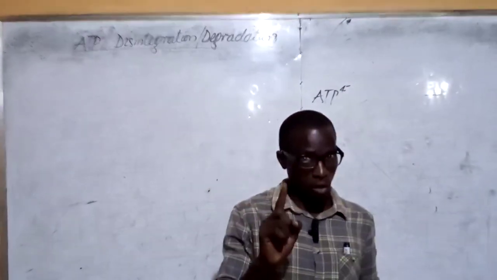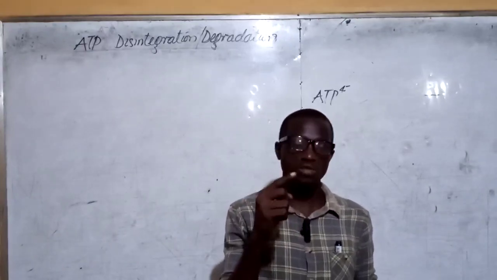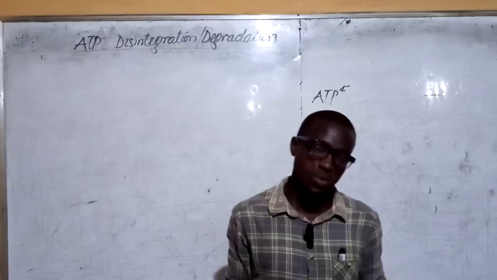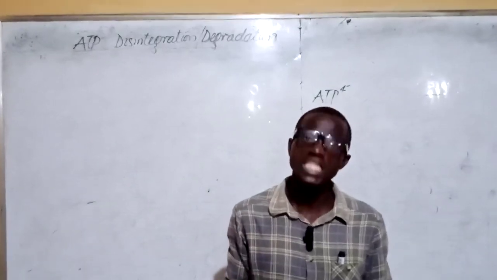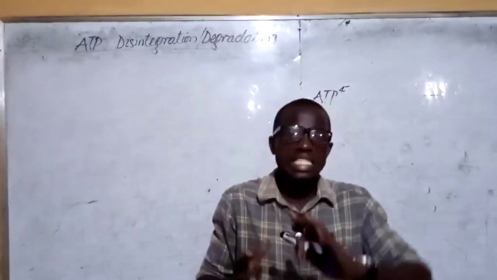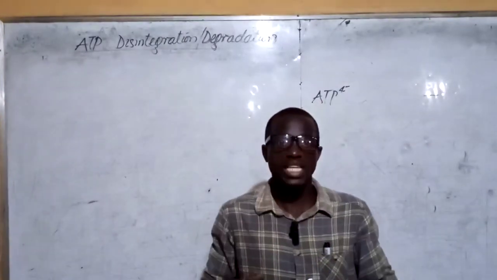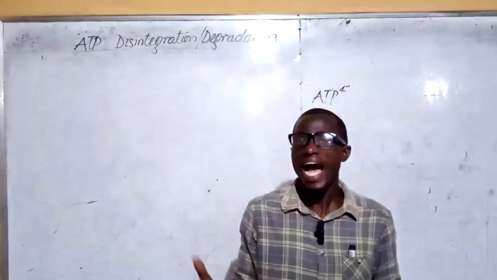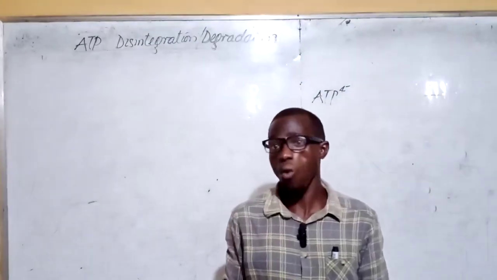So although that is one of the reasons why the reactions with ATP are spontaneous, at the end of the day, it shows you how much energy is needed to bring together these negative charges so that there is no separation. Is that okay? So now, how does ATP work?